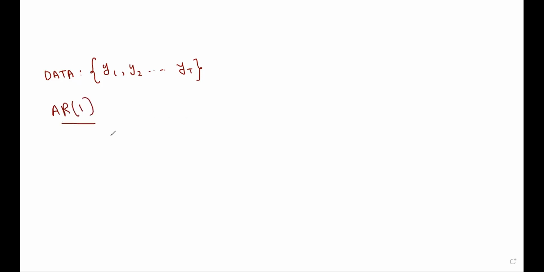That is, the underlying stochastic process looks something like this, where your epsilon t, okay, clear. Now the question is, that's your underlying stochastic process.